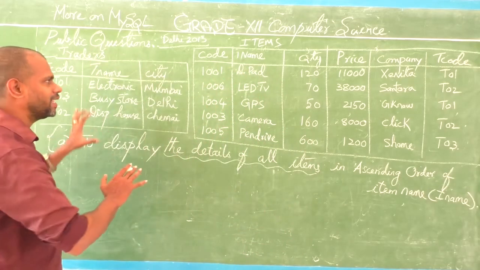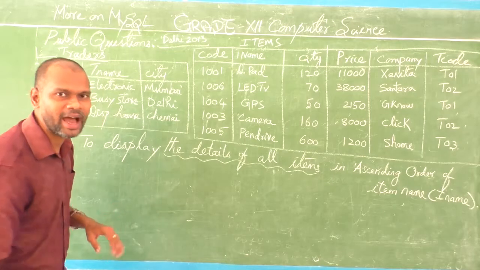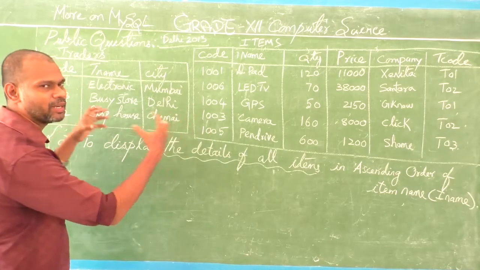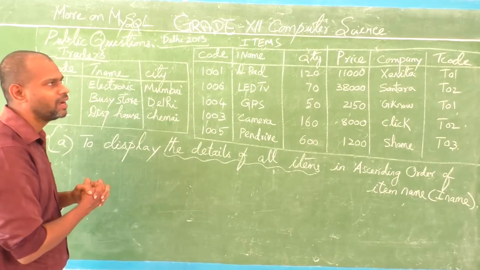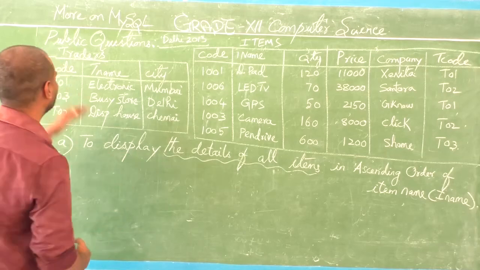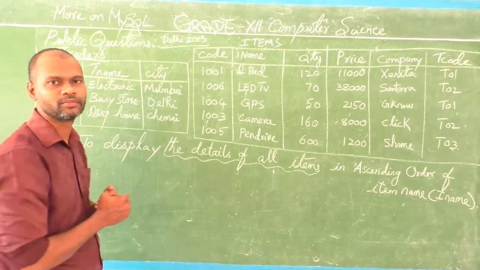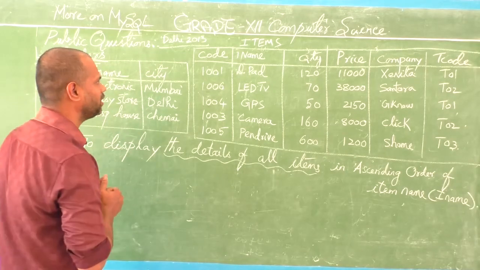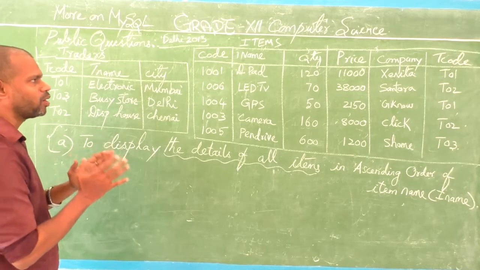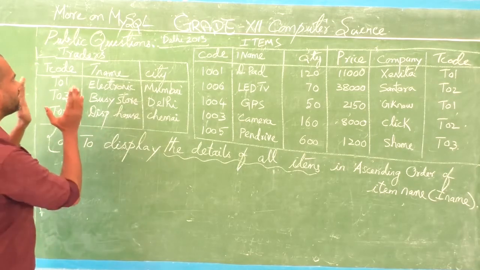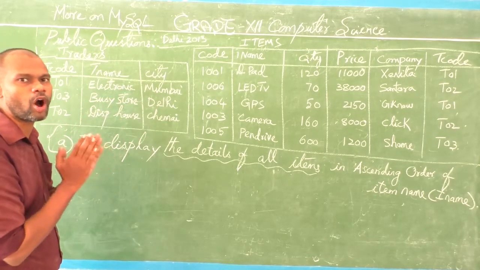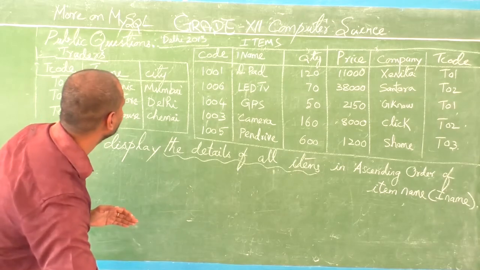So in this question they have given two tables. I think there is a connectivity between these two tables. Tell me, what is the common thing available in Traders and Items?